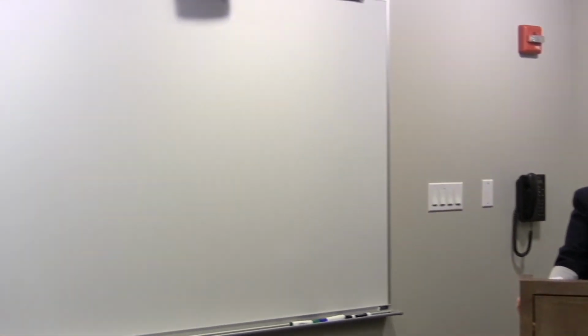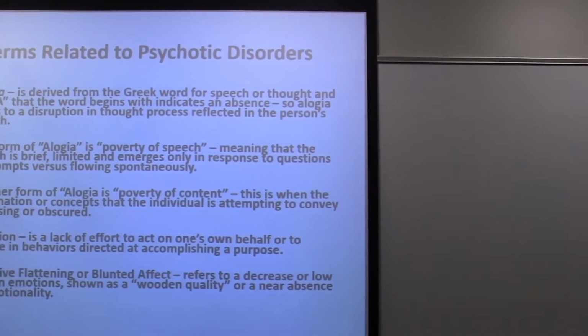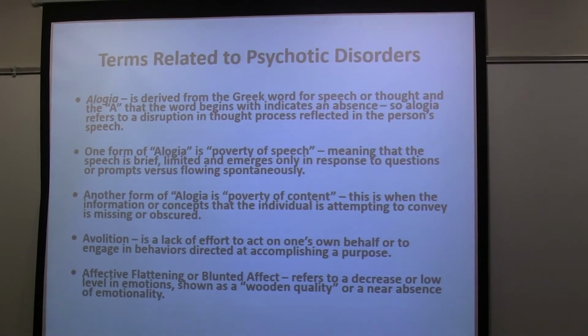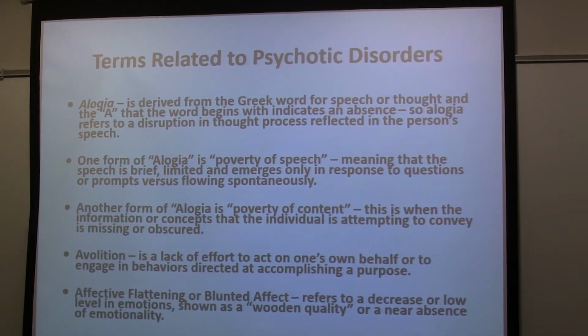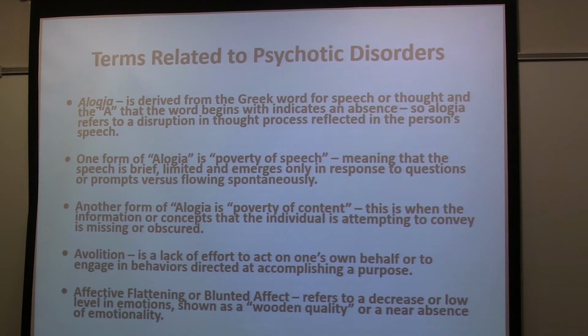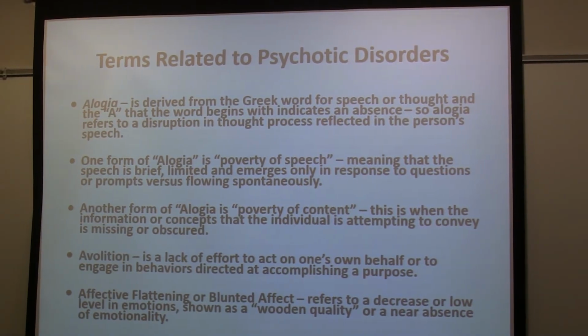What are some of the terms that you should know about psychotic disorders? Alogia is one, and what it means is the absence of speech. And it refers to a disruption in the thought process reflected in the person's speech. One form of alogia is called poverty of speech, meaning that the speech is brief, very limited, and emerges only in response to questions or prompts versus flowing spontaneously. So remember, we're talking here about psychosis.